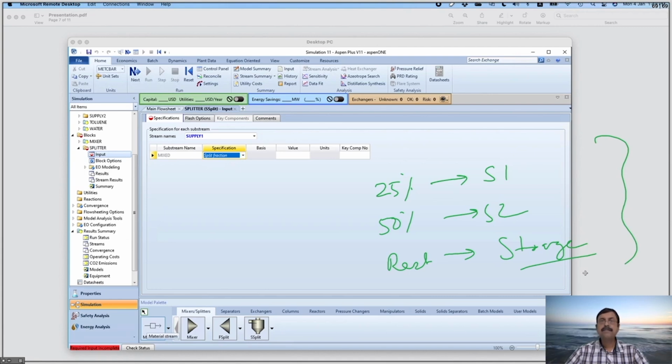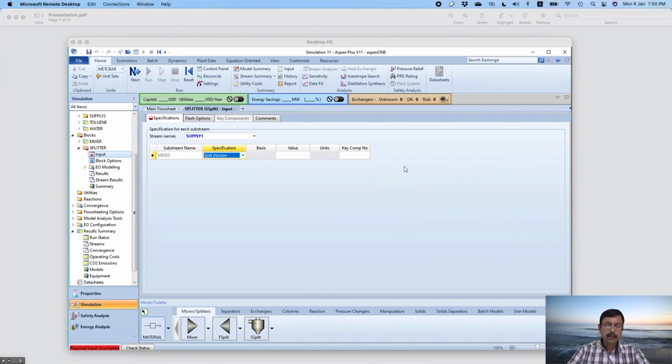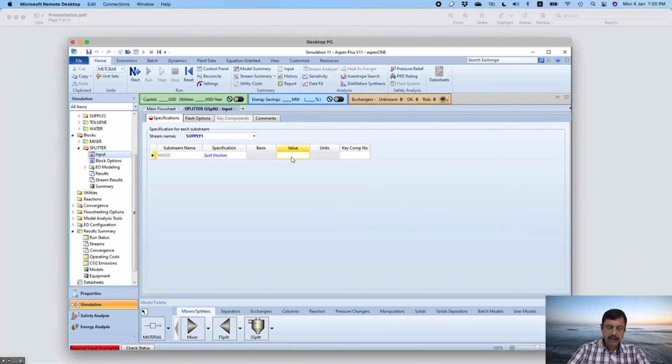The split fraction of 0.25 will go to supply 1. Supply 1 will get a split fraction value of 0.25 and supply 2 will get the value of 0.5.